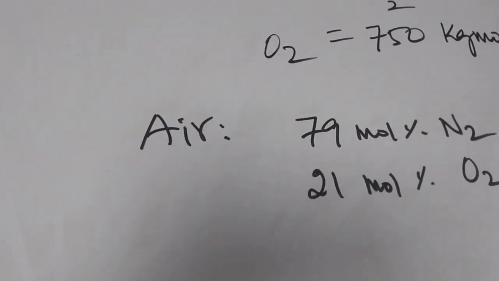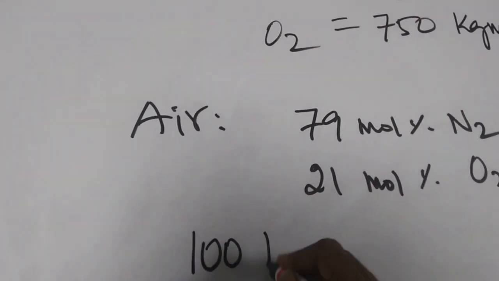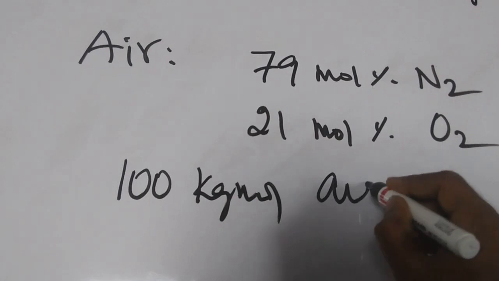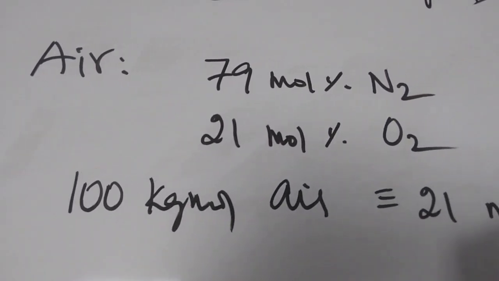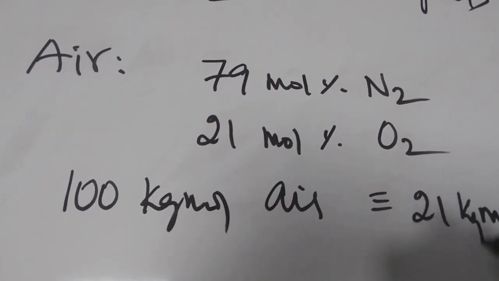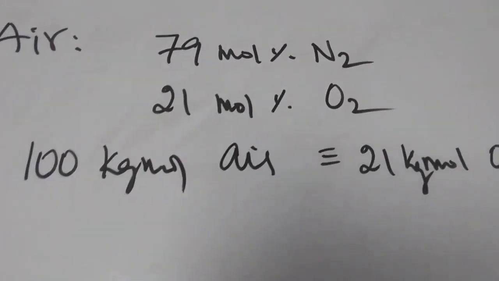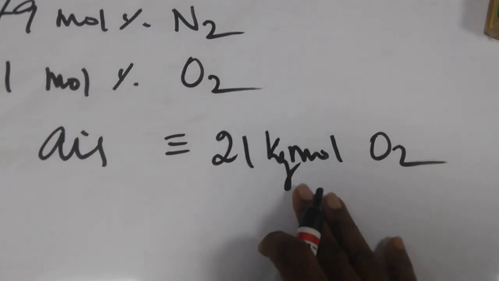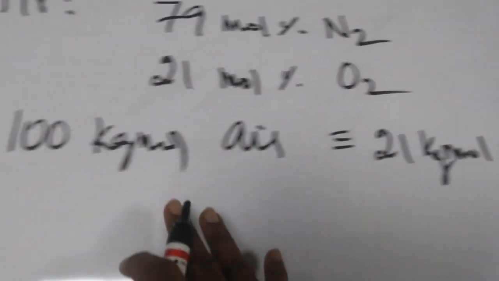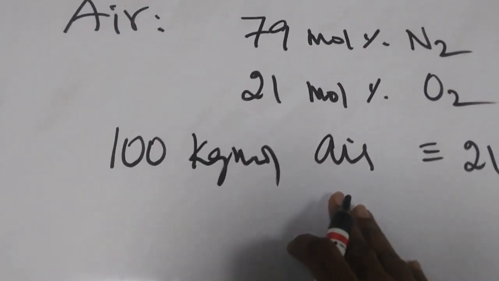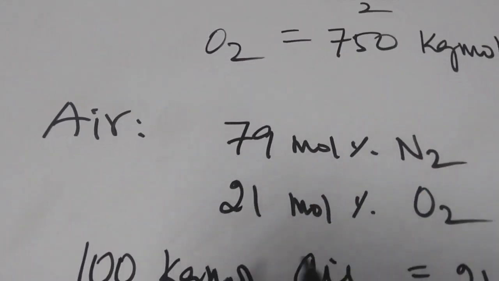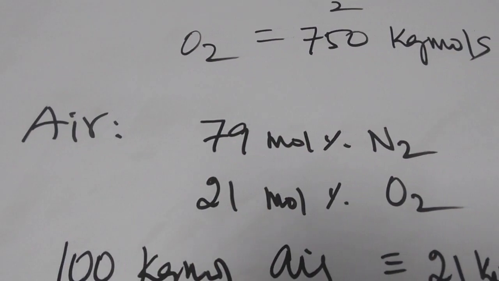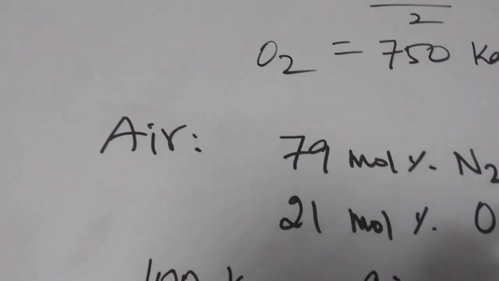That means 100 kg moles of air contains 21 kg moles of oxygen. If you want 21 kg moles of oxygen, you have to supply 100 kg moles of air, because out of 100 kg moles of air we will get only 21 moles of oxygen. So that is the composition of air.